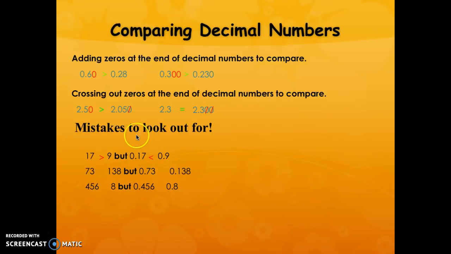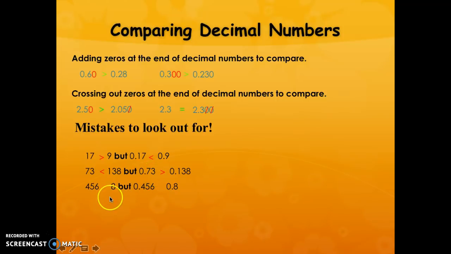If we were to add a 0 right here, we would see that 90 is more than 17. Okay, so back on the whole number side, 138 is more than 73, but it's just the opposite on the decimal side. 73 hundredths is, if we were to add a 0 here, it would be 730 compared to 138, and 73 would be more.